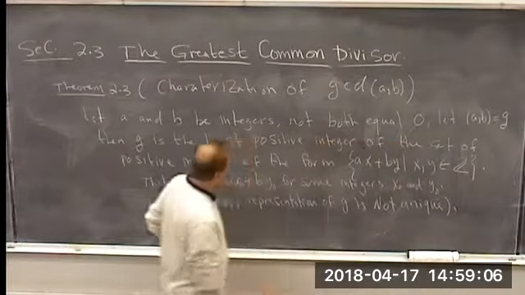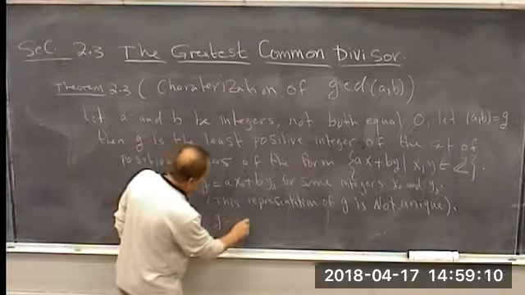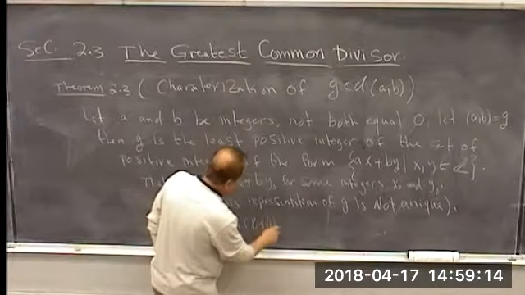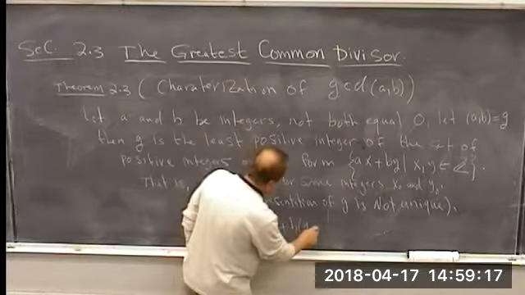For example, it's not very hard to see, you could write G as A times (x sub 0 plus B) plus B times (y sub 0 minus A).